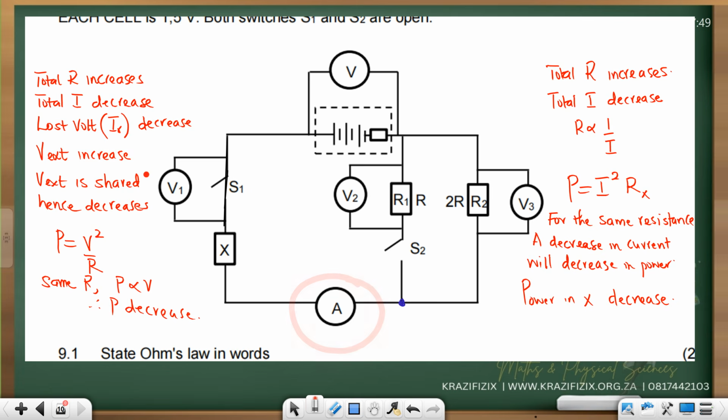If this is constant, 1.8 now decreases to 1. You see, it's not shared. Power will decrease. Let me know if it makes sense to everybody.